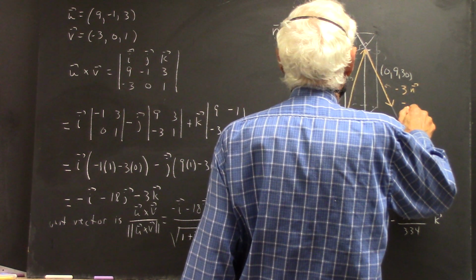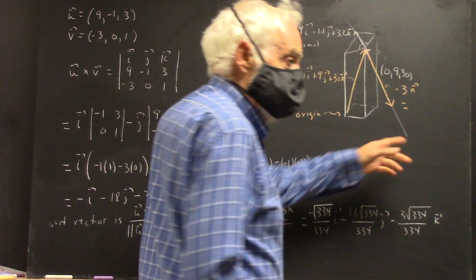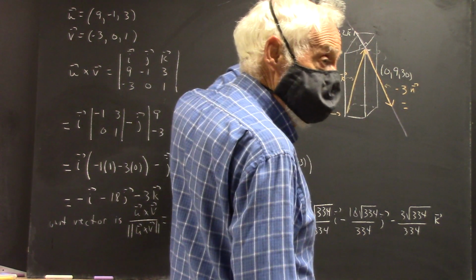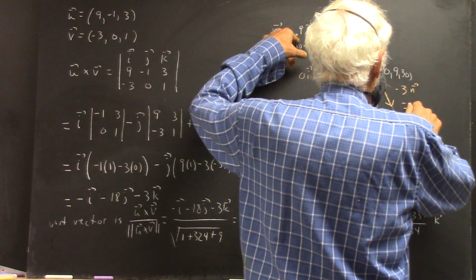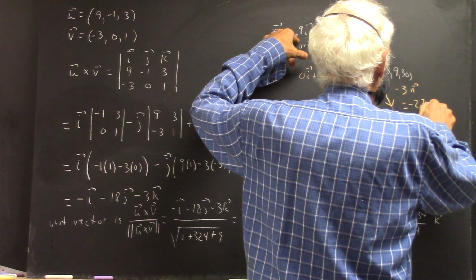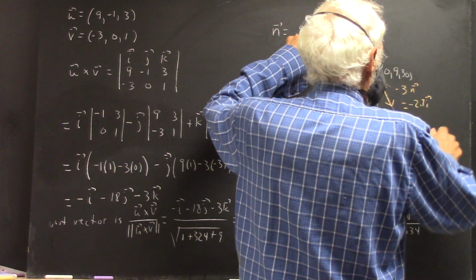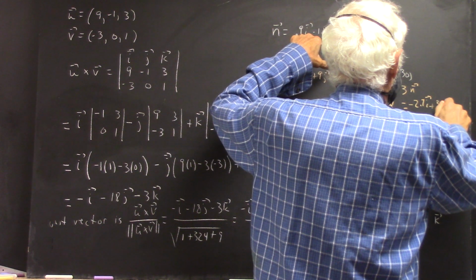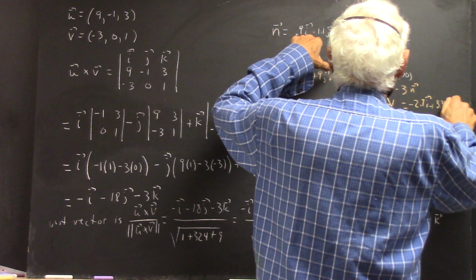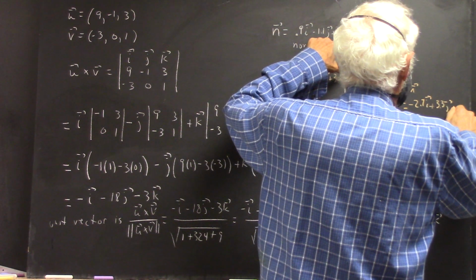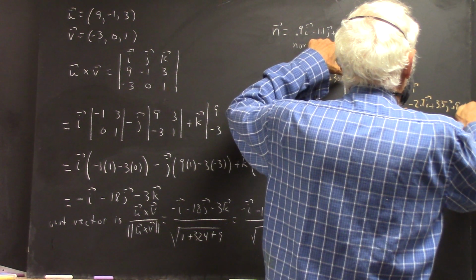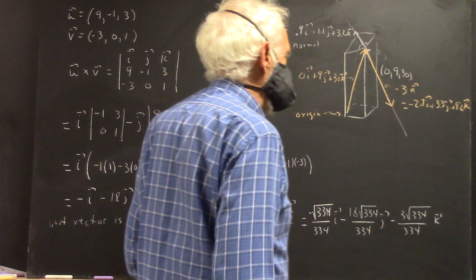Well, that vector is just, multiply it out. -3 times 0.9 is -2.7. And then we're going to get plus 3.3j plus 9.6k.